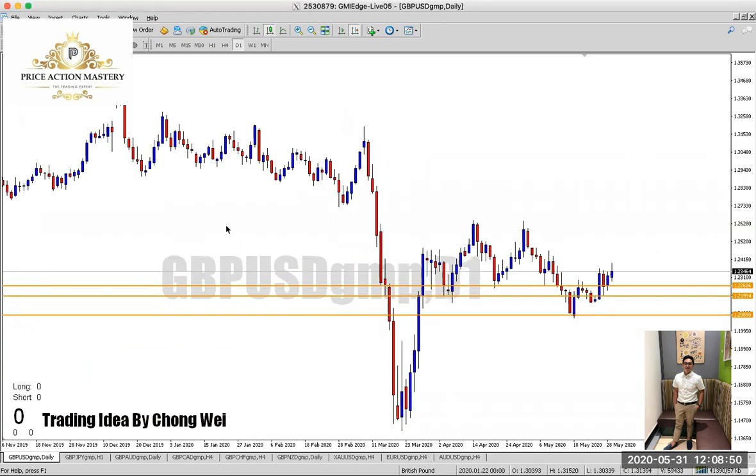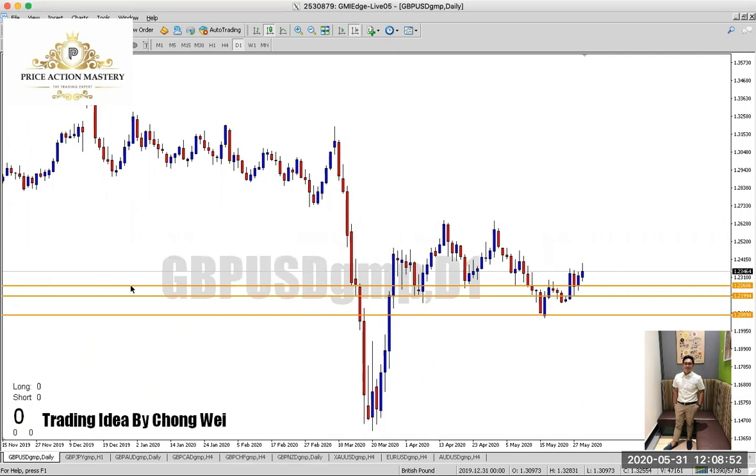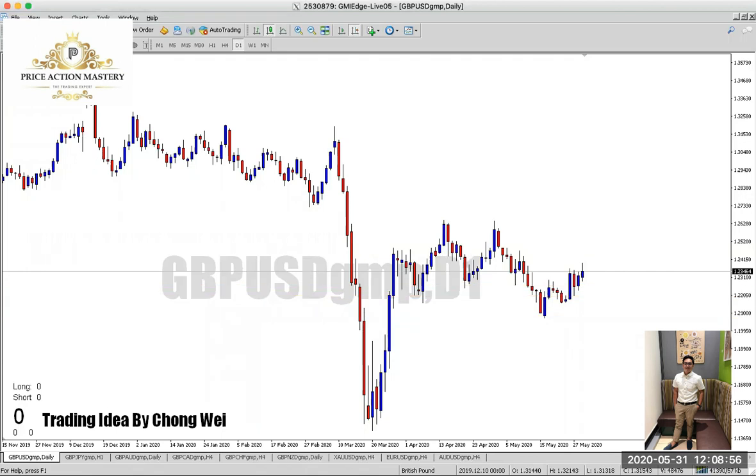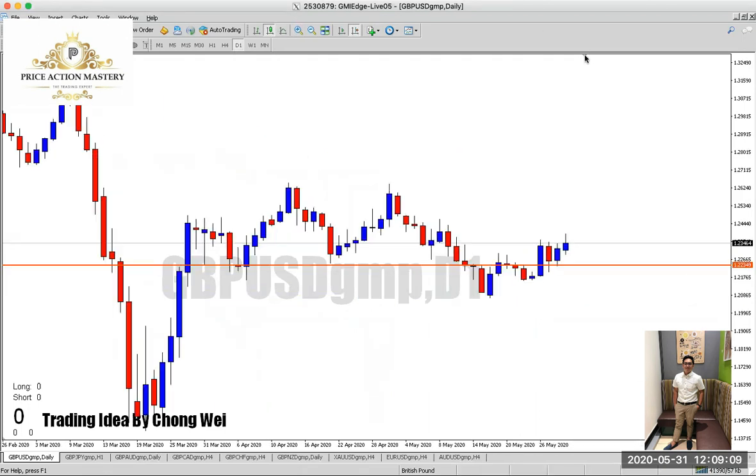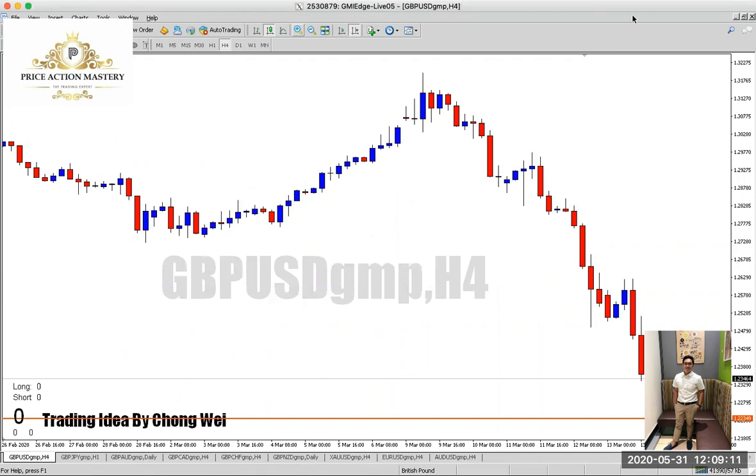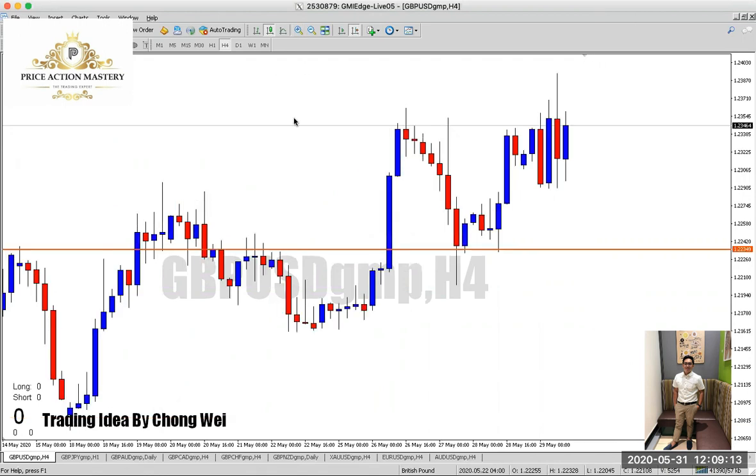So for the British pound, this is my key level. For this, I will be looking into H4 to do my analysis and also take position.